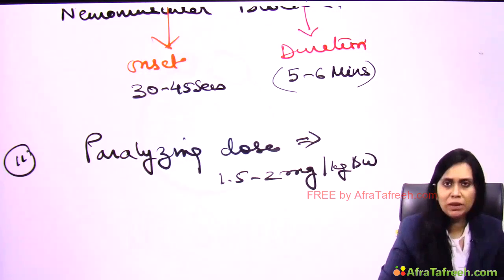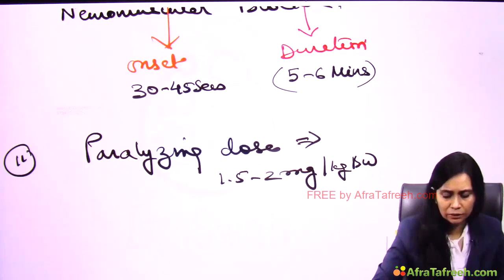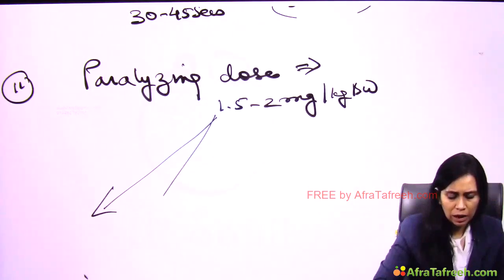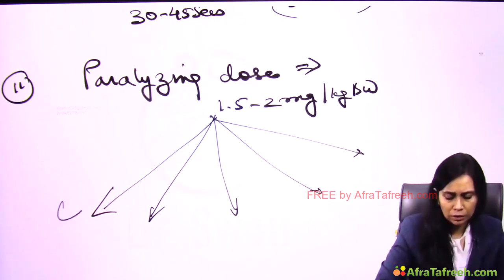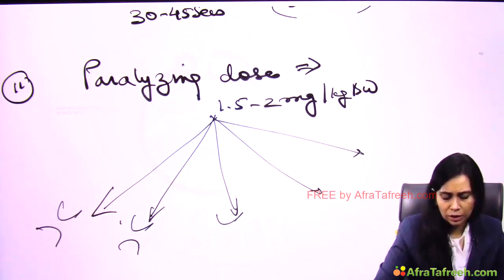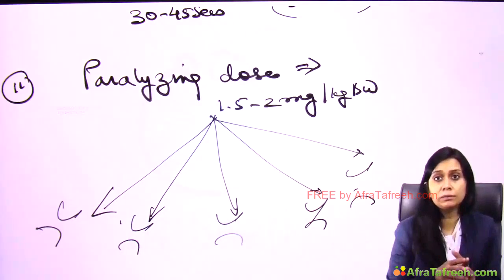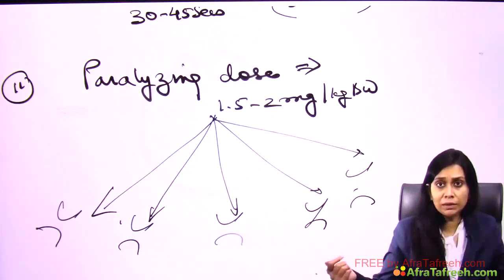It has to reach all over the body's neuromuscular junctions and paralyze them.